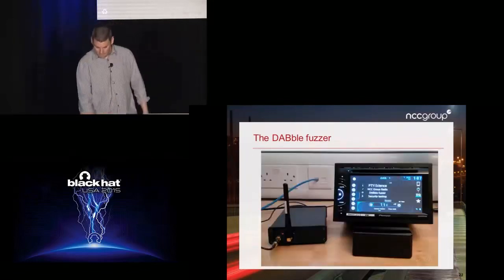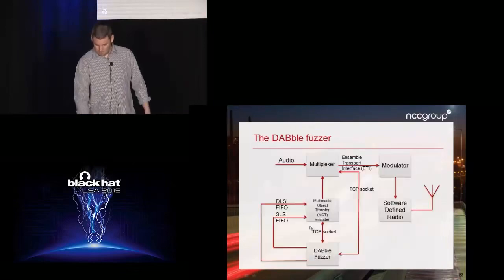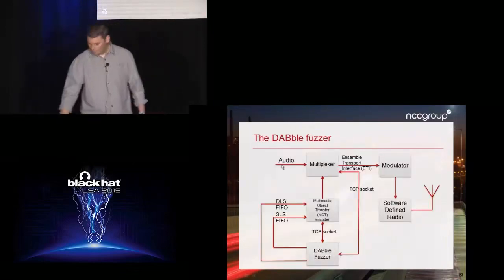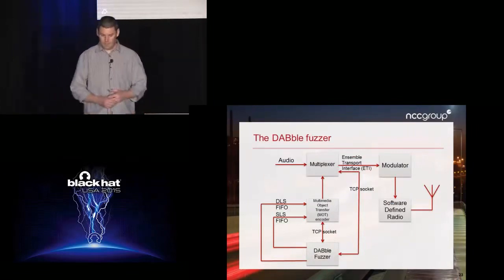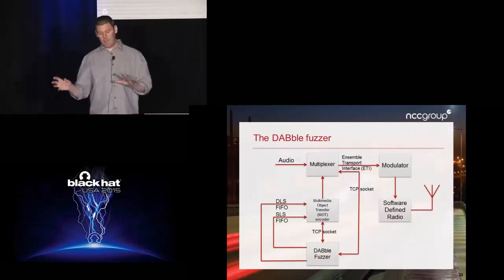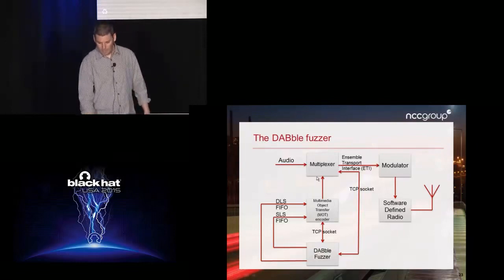Here's a screenshot of the SDR, which is in that black box, transmitting DAB signal via that wire into the back of that head unit. And there's a high-level picture of the connectivity between the different components. If we think back to the original diagram of our transmitter, where we had our multiplexer and a modulator, now we've got the fuzzer sending the data streams for DLS and SLS, the slideshow, into the MOT encoder.